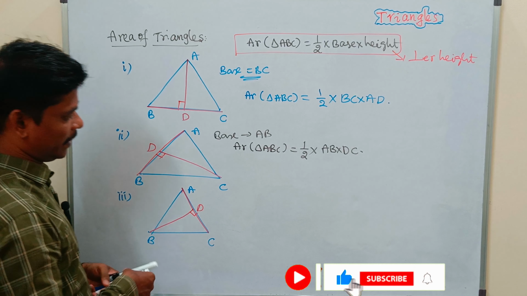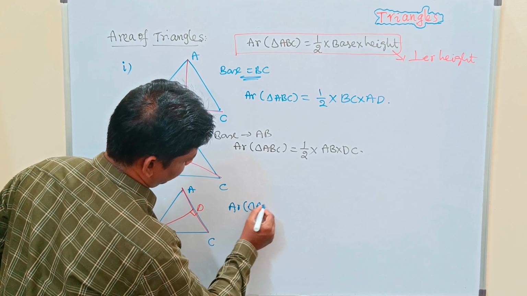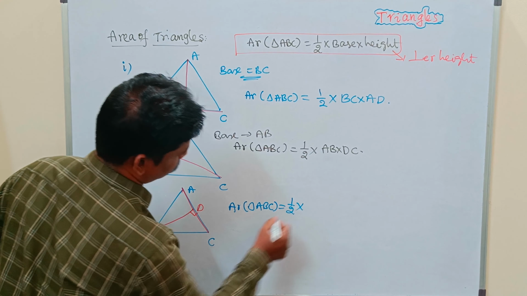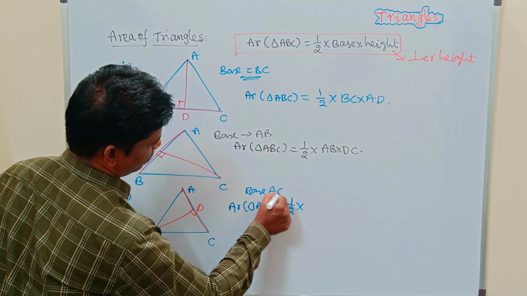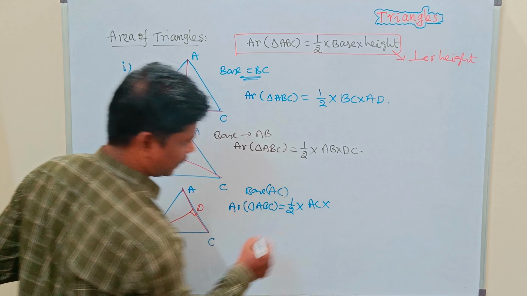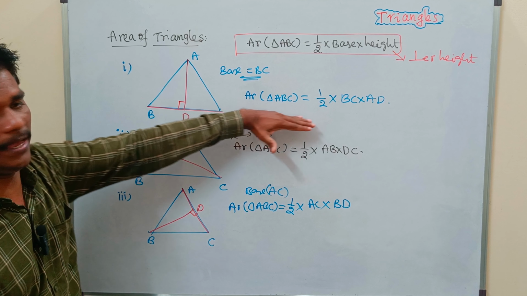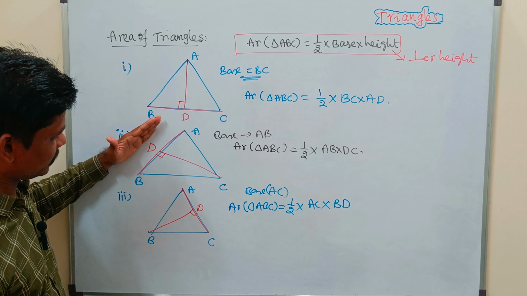So the area of triangle ABC is equal to half into base AC into height BD, the perpendicular height. Observe here: when BC is the base, AB is the base, or AC is the base, we can find the area of the triangle.